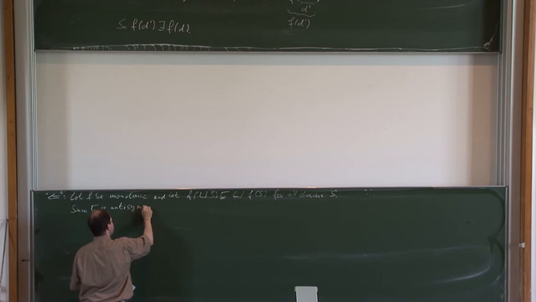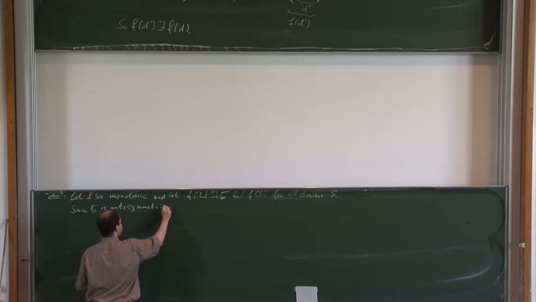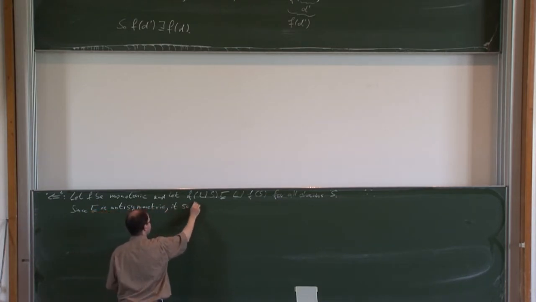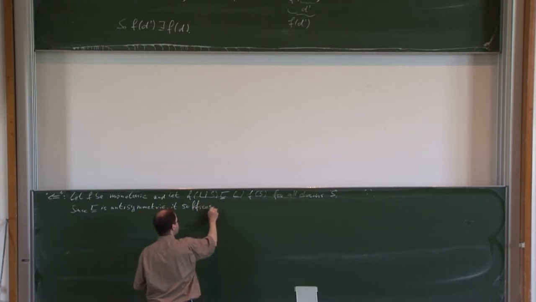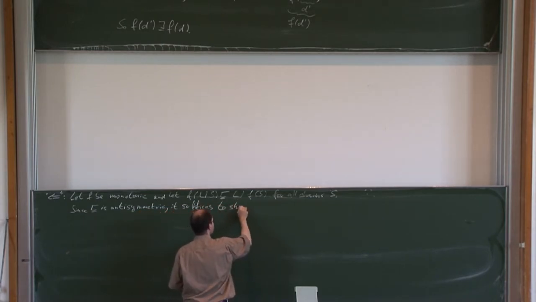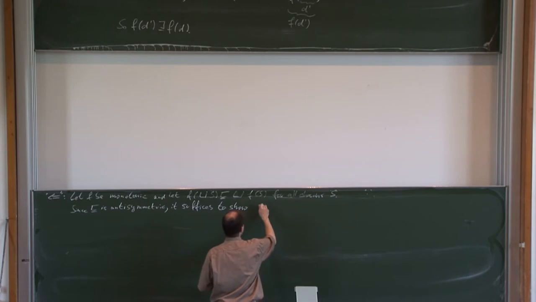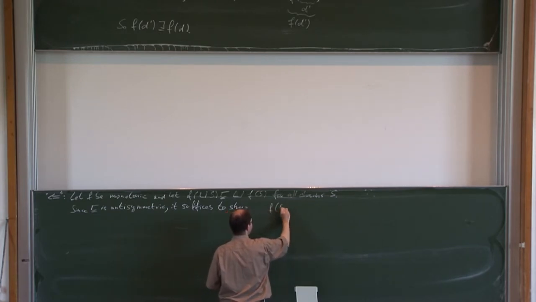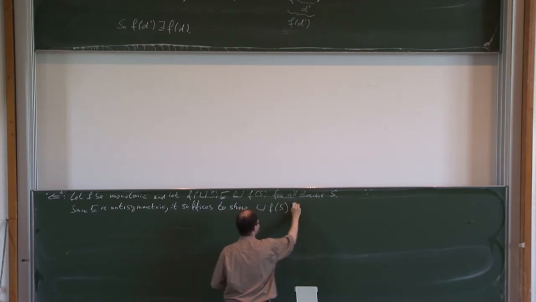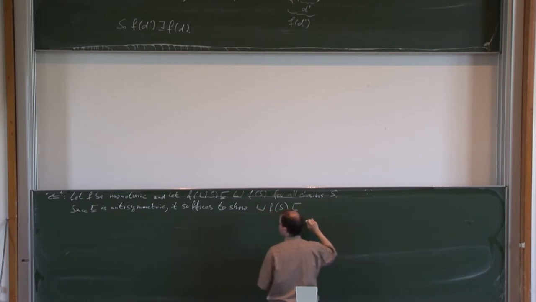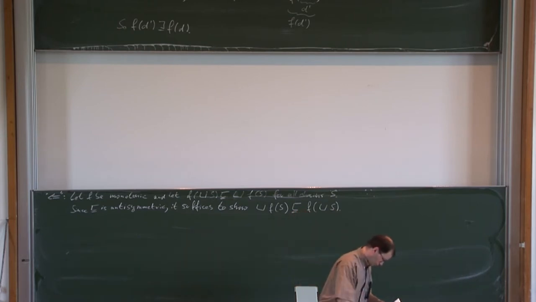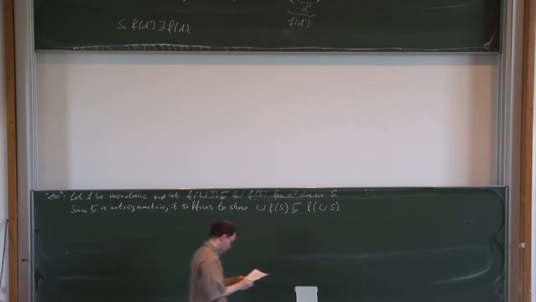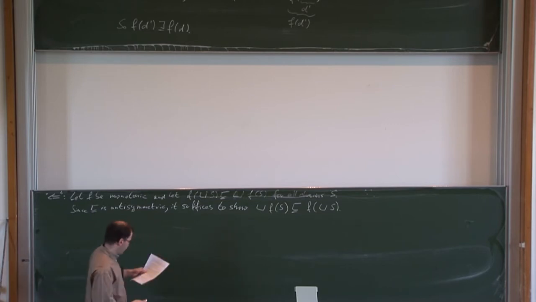Since this is antisymmetric, it suffices to show the thing in the other direction, and the other direction is first apply f and then build the least upper bound, and the result should be less defined or equal than if you do it the other way around. Okay.